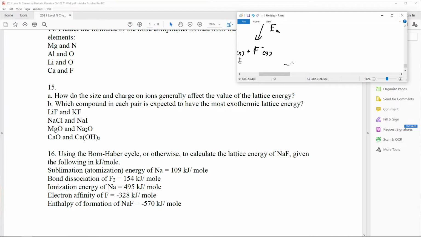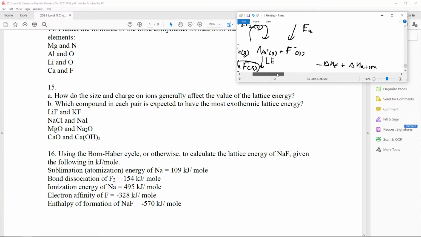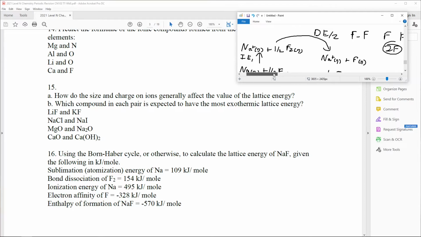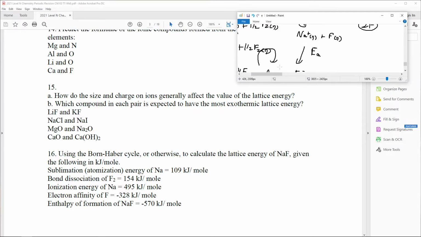So minus delta HF. Atomization is with it, so plus delta H atomization. I'm just gonna say it atom. And also keep in mind the balancing.